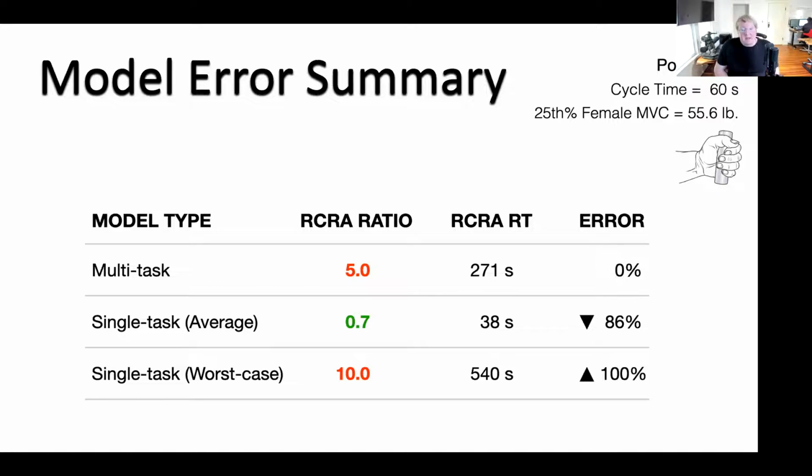You don't really need to understand the RCRA or RT, which is recovery time. Generally it shows the trend that a single task model, if we use the average input, is going to undervalue the exposure. Or if we use the worst case, it's going to say that it's higher than it really is. And interestingly, in a lot of the calculations I performed, it's less inaccurate to use the worst case.